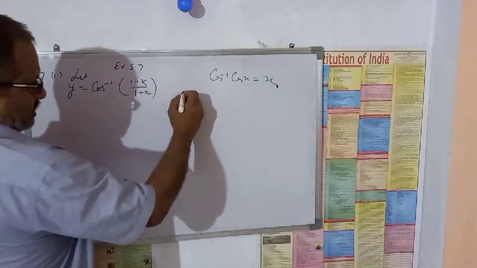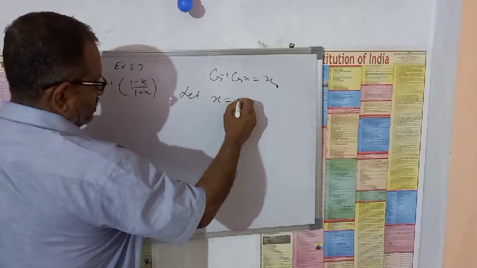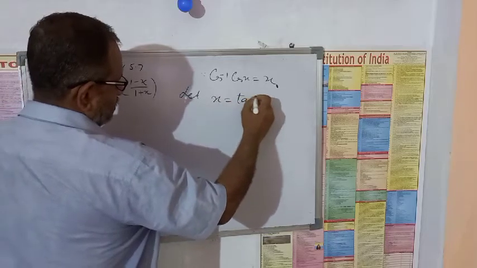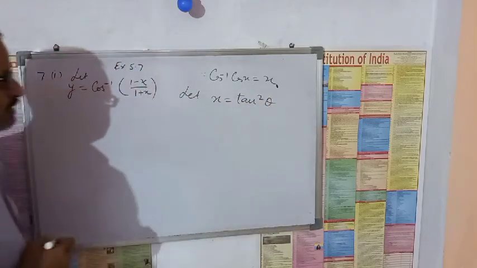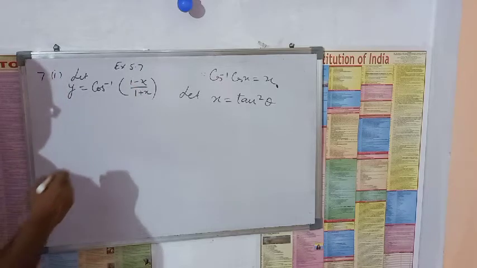So what is the substitution? Let x is equal to tan square theta. We will suppose here, let x is equal to tan square theta.